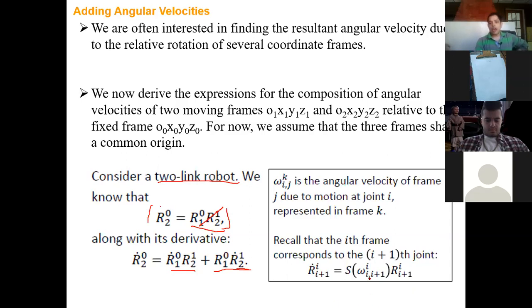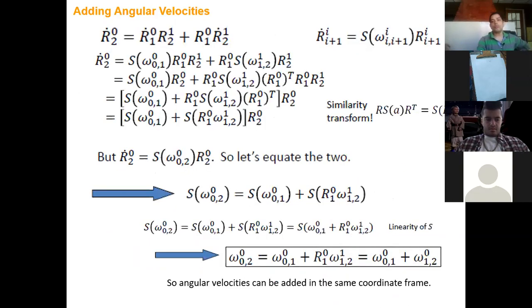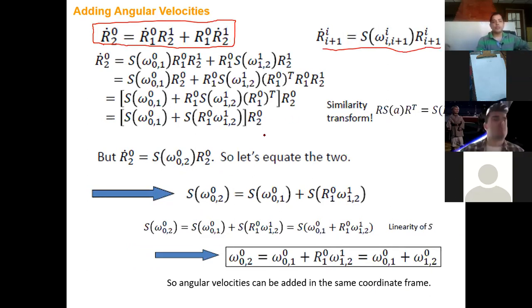Now remember, we have this expression here. We proved that R dot equals S times R, and that's what we'll be using now. This first line is exactly the same as the previous slide. Now wherever you see R dot, you just plug in this.